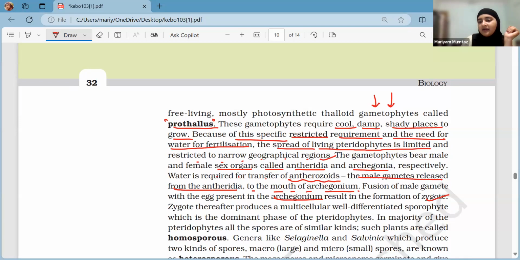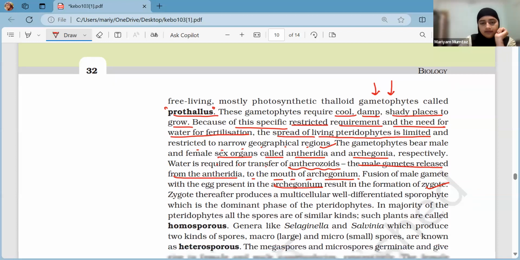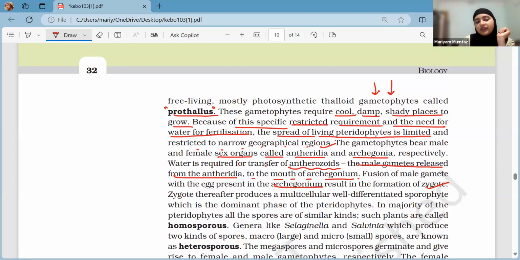The male and the female gamete will be haploid or diploid? Haploid. Always haploid. And the zygote will be haploid or diploid? Diploid. Very good. Okay. Now, the zygote thereafter produces a multicellular, well-differentiated sporophyte.